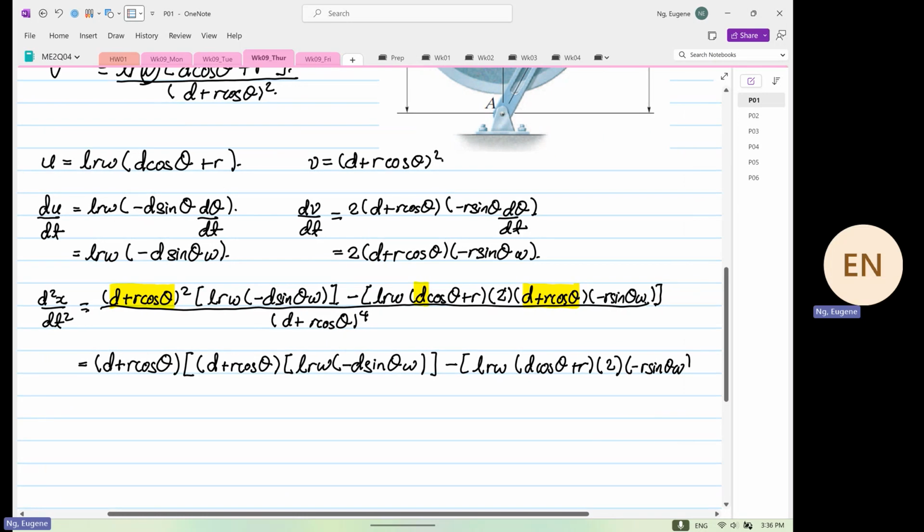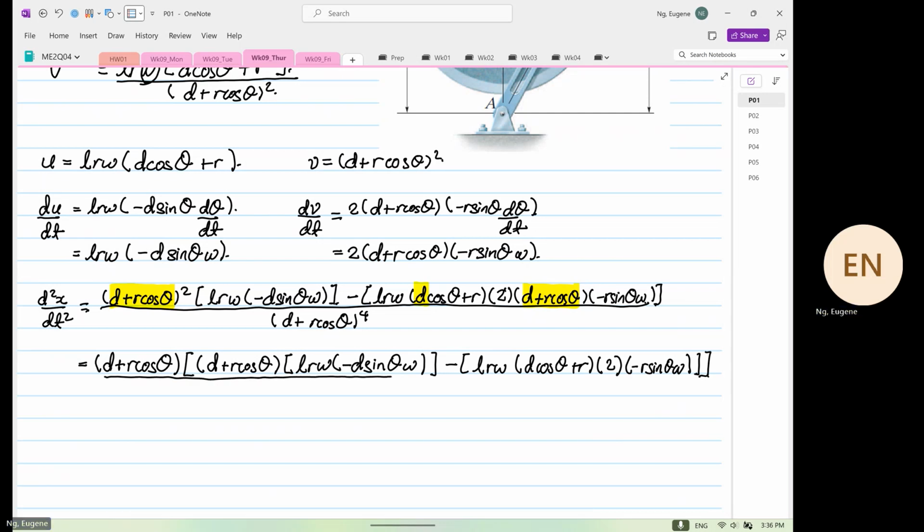I'm going to close this bracket. I'm going to do this twice, and then the denominator will be equal to d plus r cos theta to power 4.